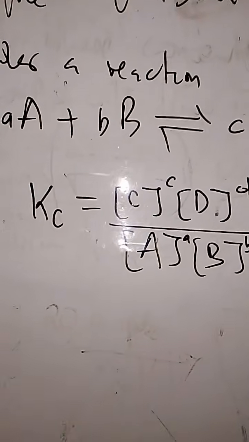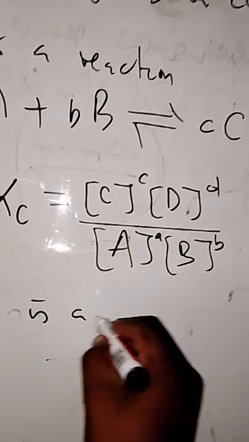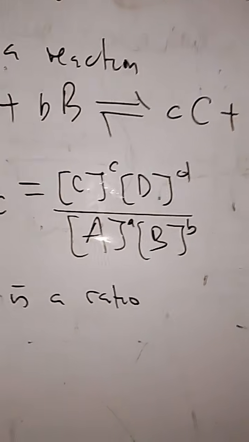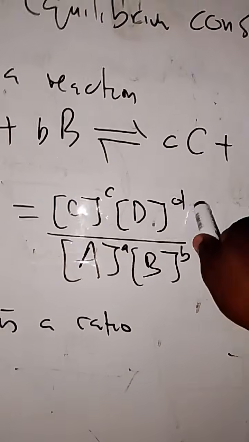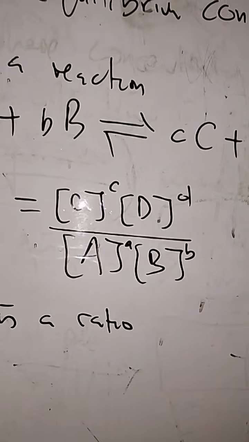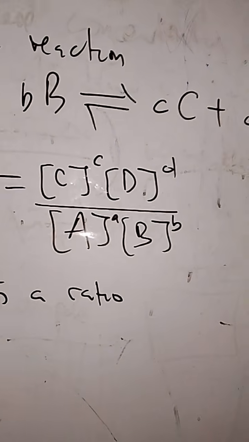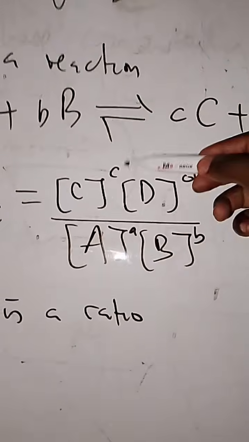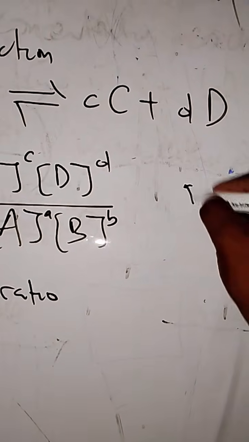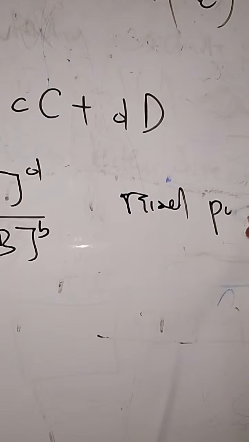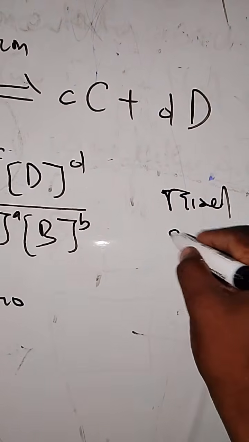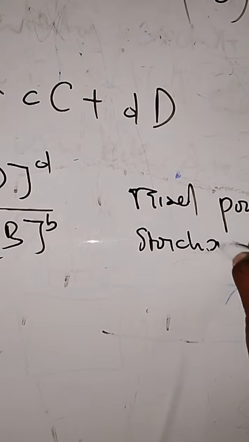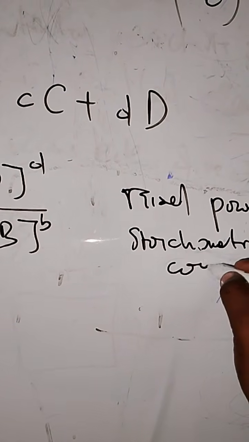Okay, so Kc is a ratio of the equilibrium concentrations of products over equilibrium concentrations of reactants, raised to the power of their stoichiometric coefficients.